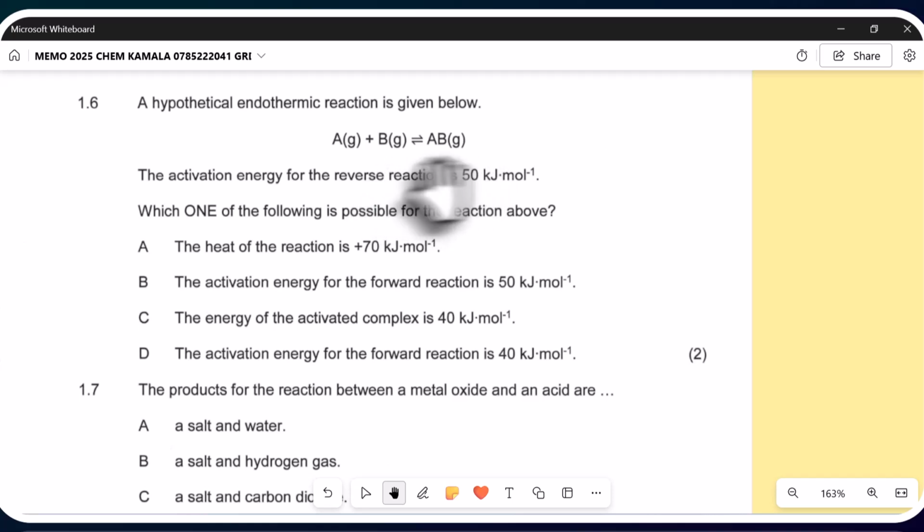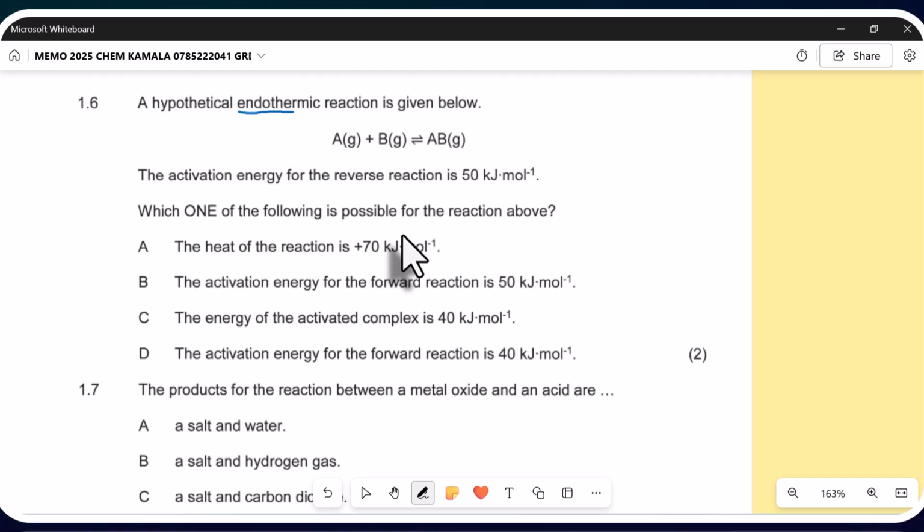So I repeat, a hypothetical endothermic reaction. It's very important, so whatever we do here must conform to an endothermic reaction.